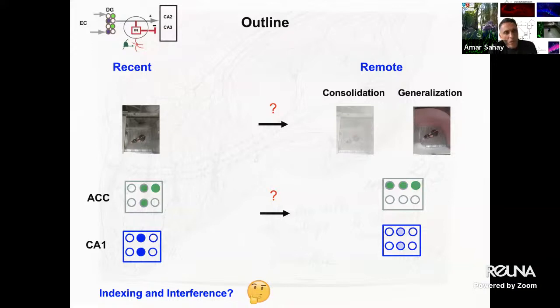Additionally, we will look at how this inhibitory microcircuit causally affects the evolution of ensembles in hippocampal cortical networks during memory consolidation. And we will look at this data through the lens of hippocampal memory indexing and interference.